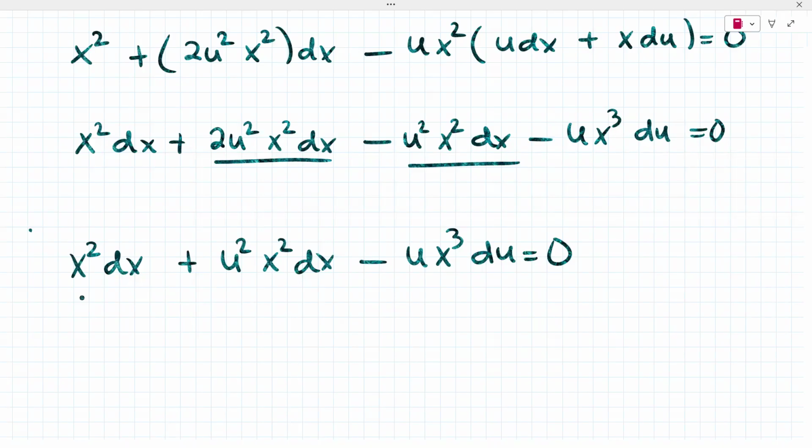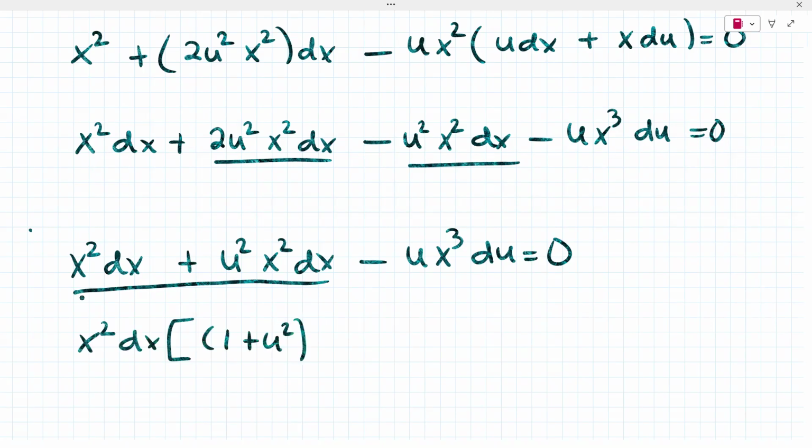What could you do next? Yeah, over here, it looks like you could factor out a dx and an x squared, right? So go ahead and factor that out. Factor out an x squared and dx, and you're left with 1 plus u squared, minus u x cubed du, equals 0.